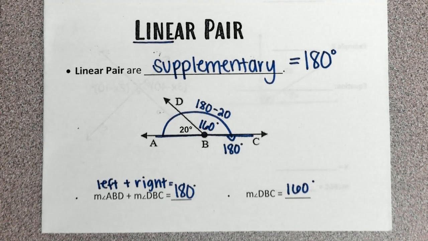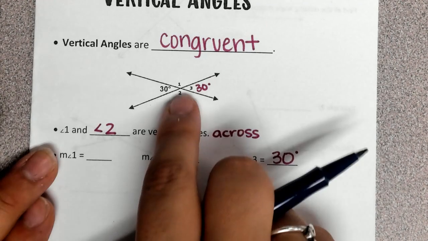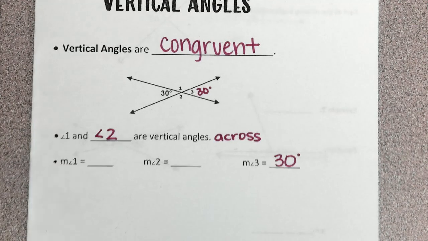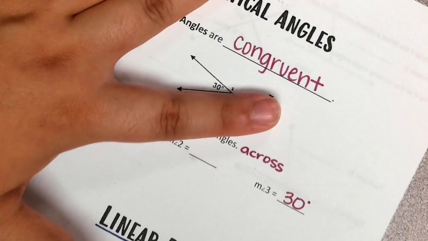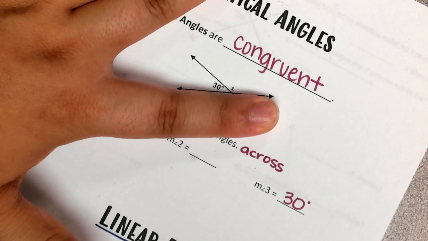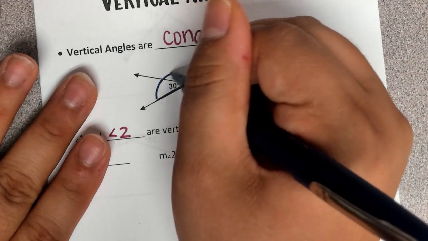Does that make sense? Did we do everything on the front of this paper? No. I skipped something. What did I skip? Look up top. For angle 1 and angle 2, I didn't do it. How do I figure out what angle 1 is? Y'all look up at my board. I can cover this up, and what do I now have? I have a linear pair here. So angle 1 is a linear pair with this 30 degrees.